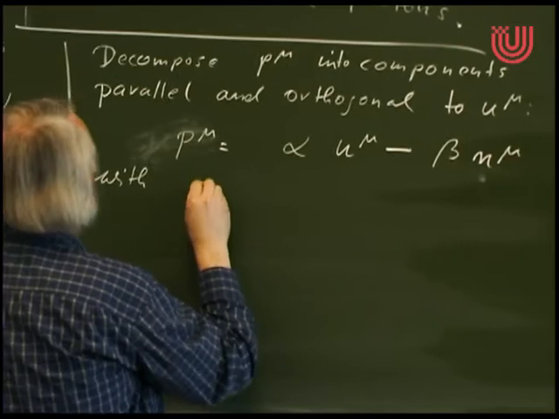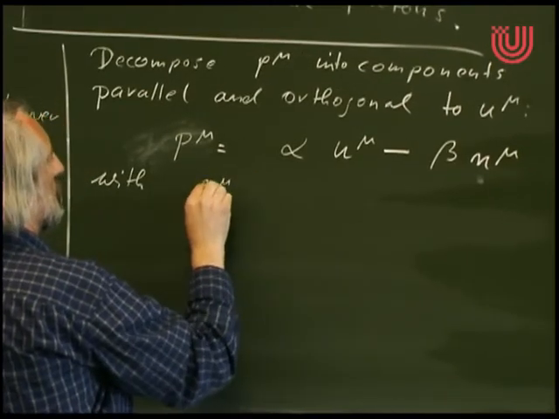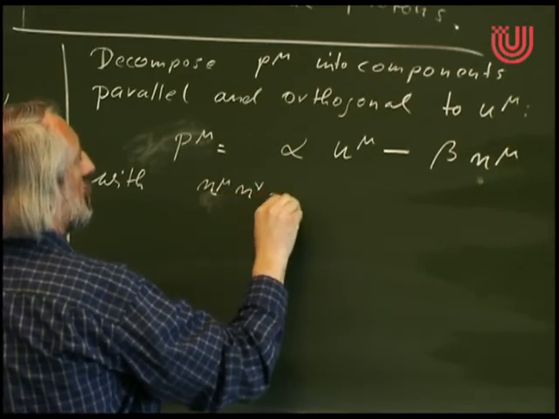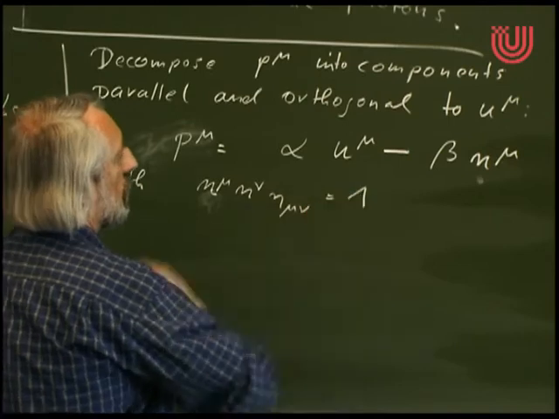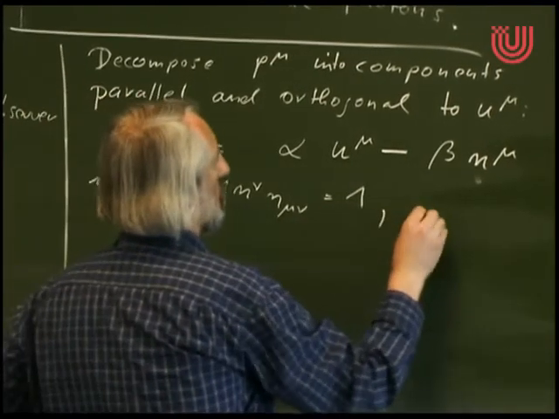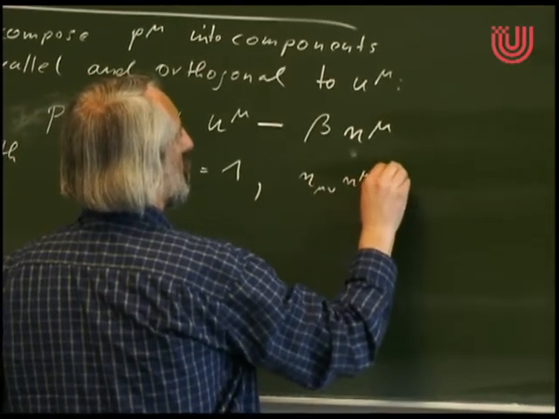With this thing here, n mu, that again looks like an eta, eta mu nu n mu n nu is equal to 1. It's just a unit vector, and it's orthogonal to u nu.